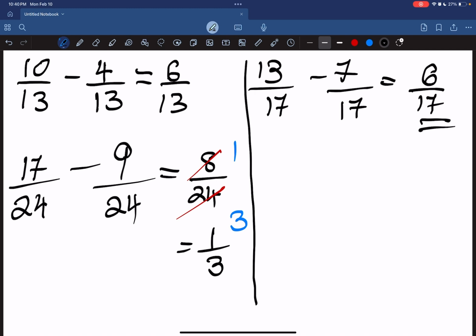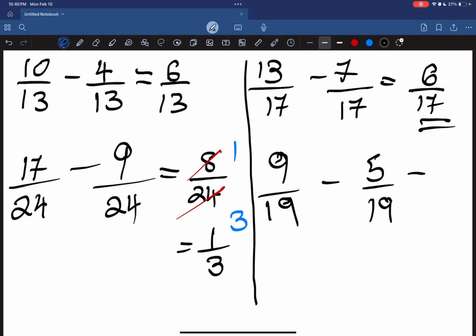Let's say we have, give me a number. I heard 9. So 9 over 19 minus 5 over 19.